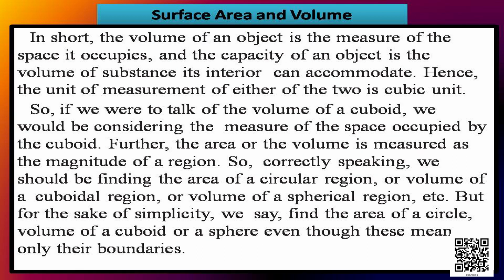In this case, the volume of the substance that can fill the interior is called the capacity of the container. In short, the volume of an object is the measure of the space it occupies, and the capacity of an object is the volume of substance its interior can accommodate.